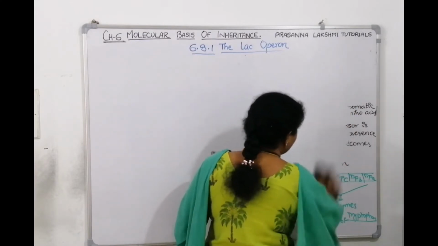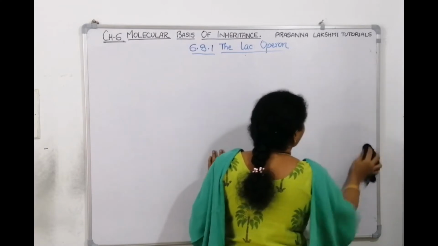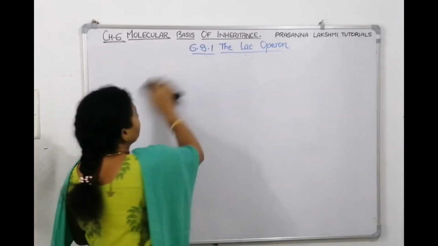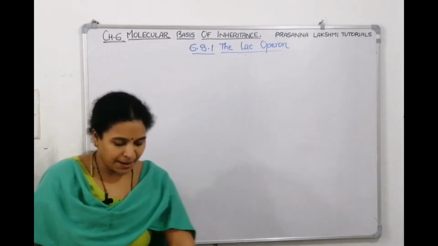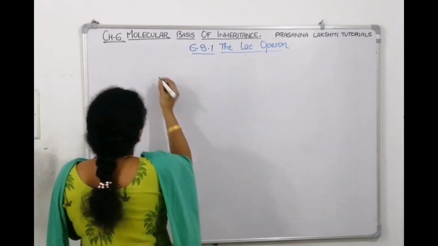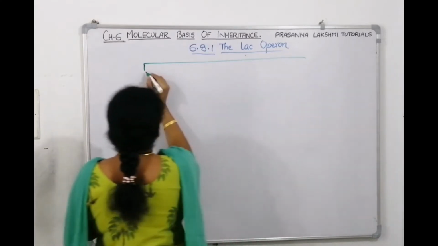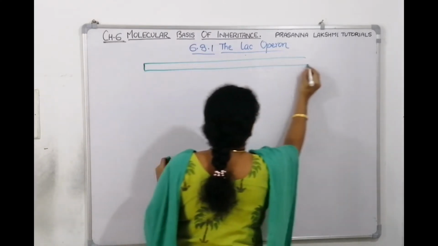I'm telling that an operon has 2 parts. First part is a regulatory gene and the second part is the structural gene. I'm drawing Lac Operon now.